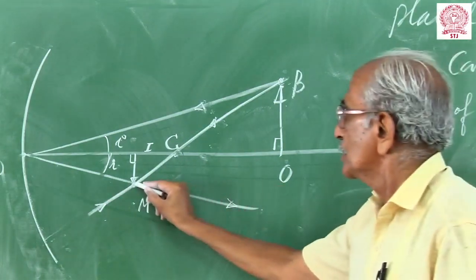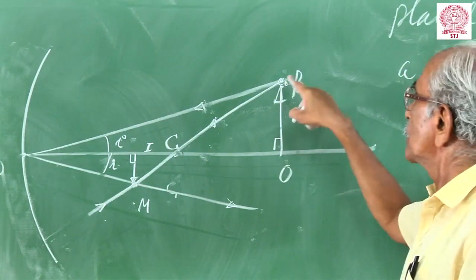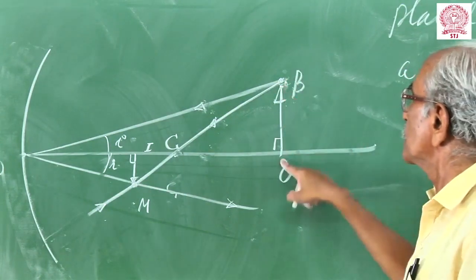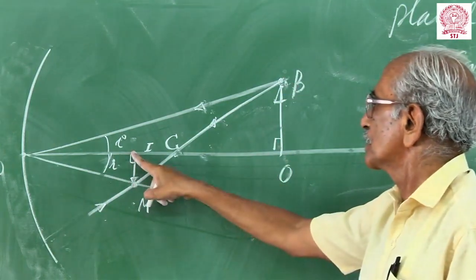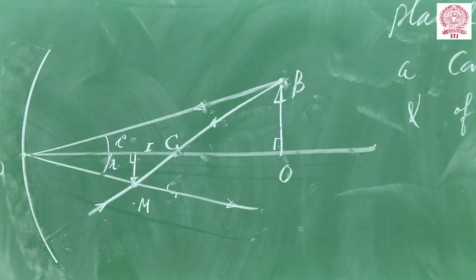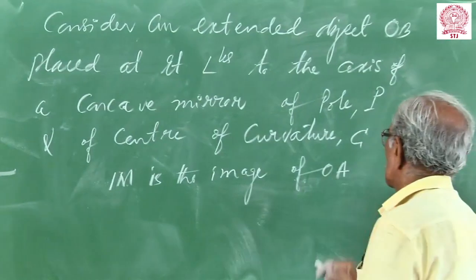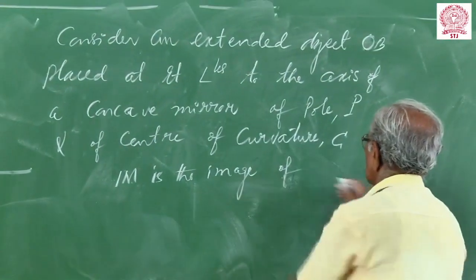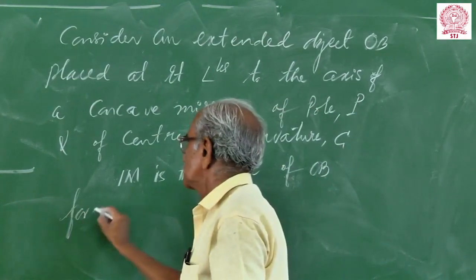Therefore, M is the image of B. Now, what happens from B happens from all points. Because I have placed this at right angles, I simply draw MI perpendicular. Therefore, IM is the image of OB, formed as shown in the figure.